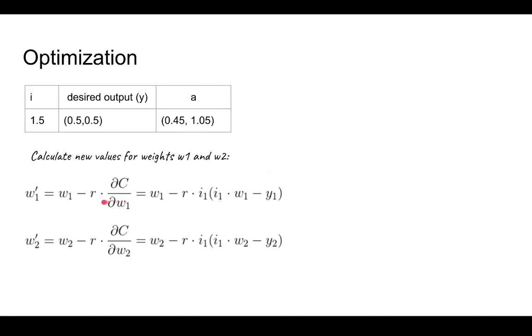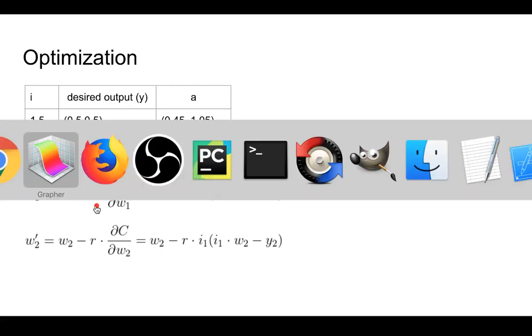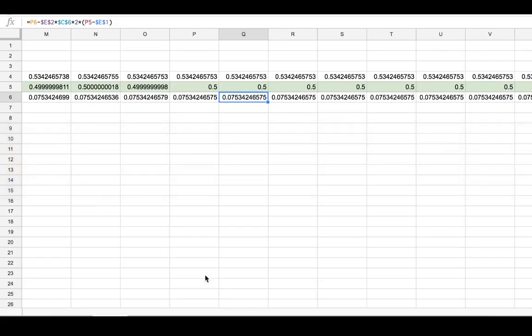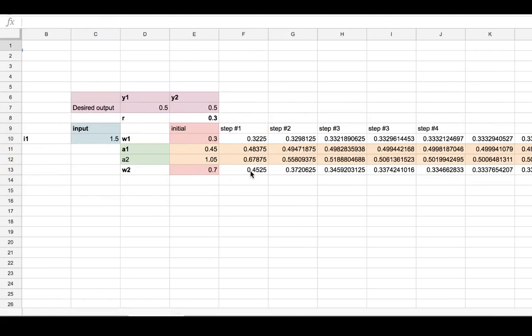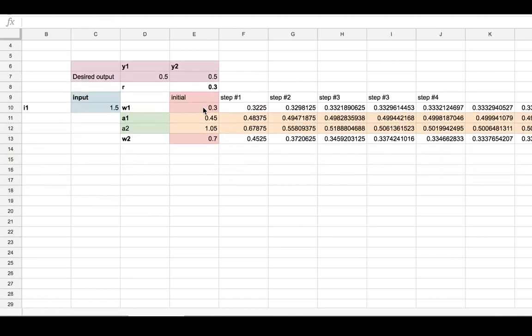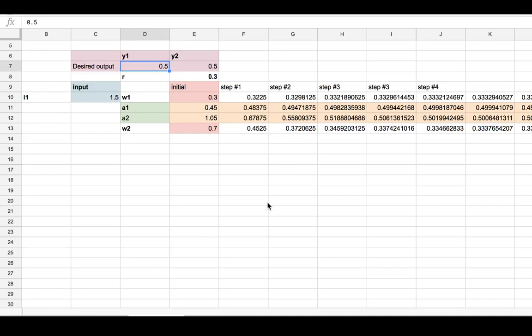And so we simply take the rate of change of the cost function with respect to the weight times the learning rate. So nothing complicated there at all. And again, let's use some spreadsheets to unravel these mysteries. So we have the desired output 0.5, 0.5, learning rate 0.3.